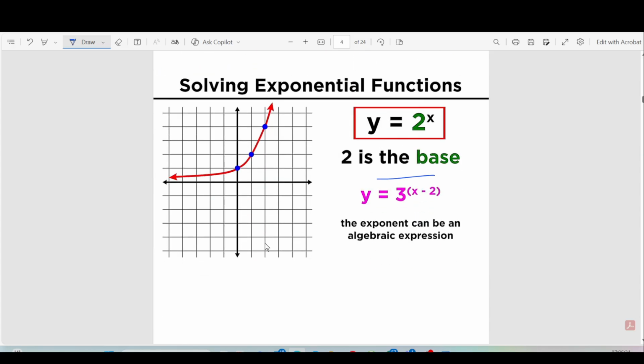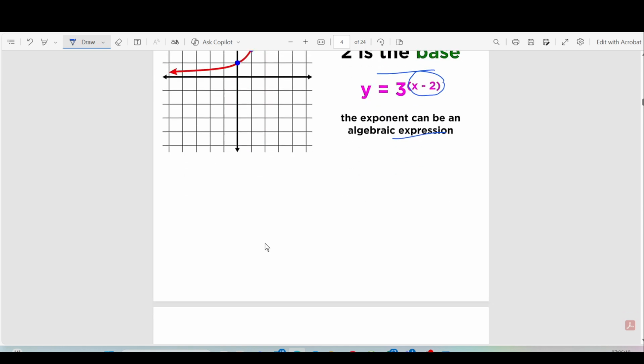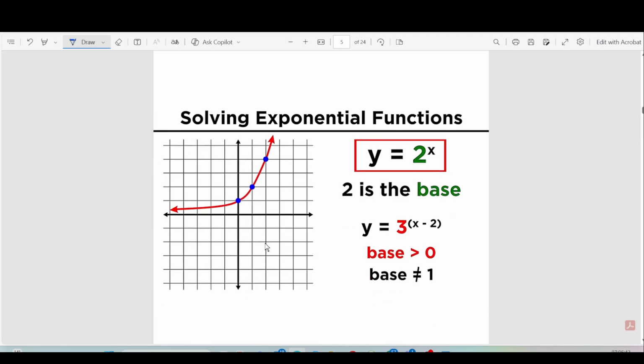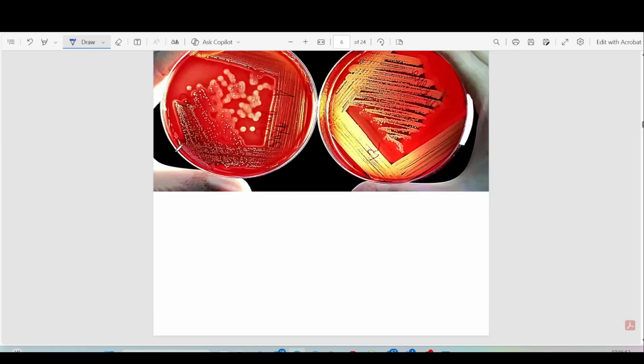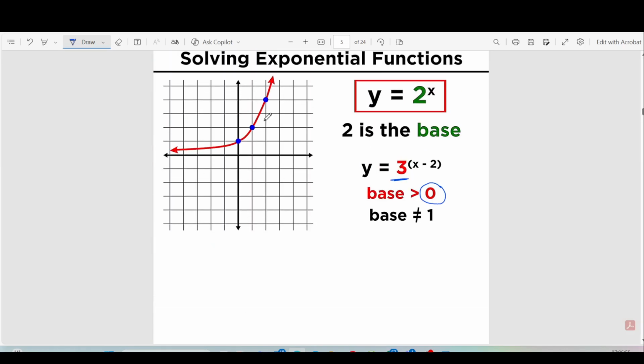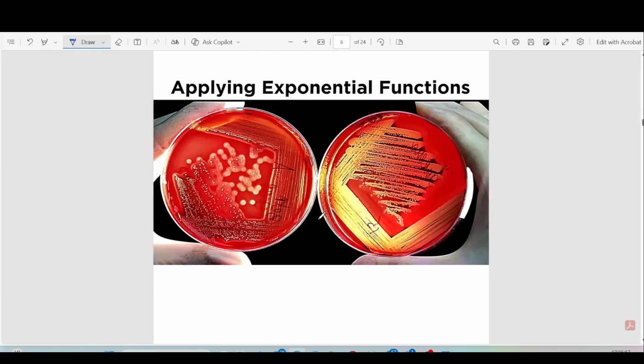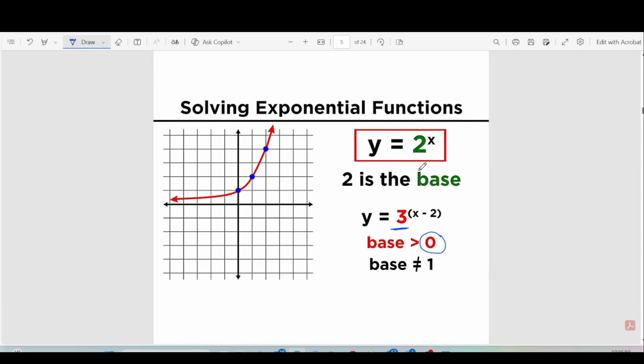So solving exponential functions, the exponent can be an algebraic expression, like here 3 to the power x minus 2. Here, 3 is greater than 0. So when the base is greater than 0, the graph looks like this, okay? As long as the base is greater than 0, the base can't be equal to 1.